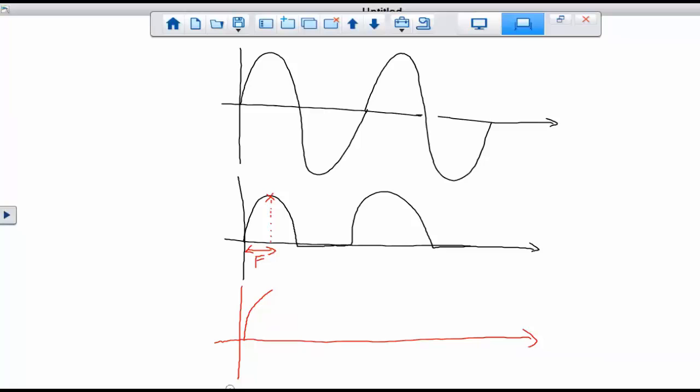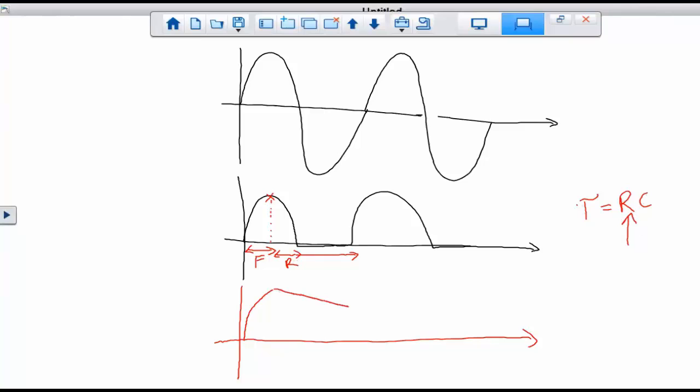But from that point onwards, the diode starts reverse biasing for the entire cycle. So what will happen is, this voltage has to discharge through the resistor, depending upon how fast the capacitor can discharge.